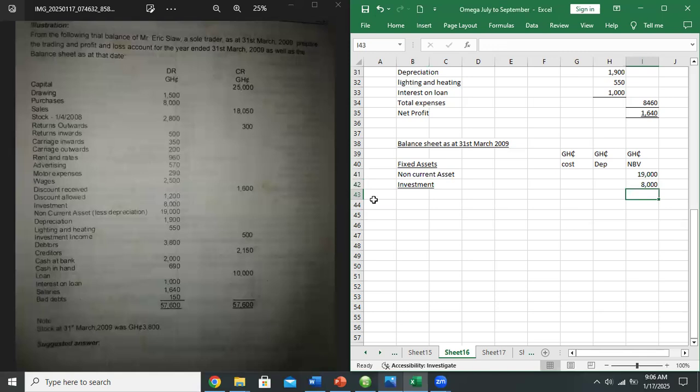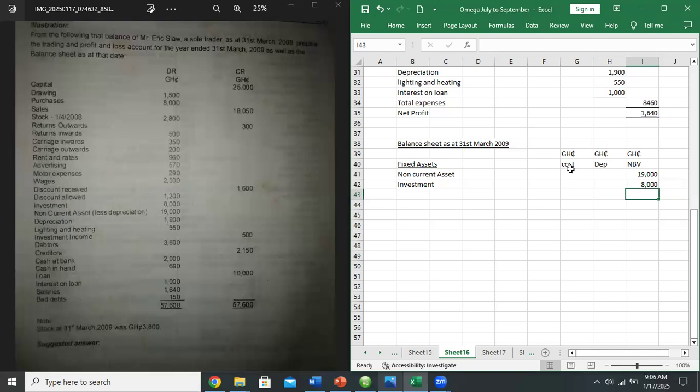Please, you understand a bit about what I spoke on the less depreciation. So you see non-current asset in bracket less, so this figure is less depreciation, meaning that they have already deducted the depreciation from it. Well, if we go through the question, the depreciation was 1,900.